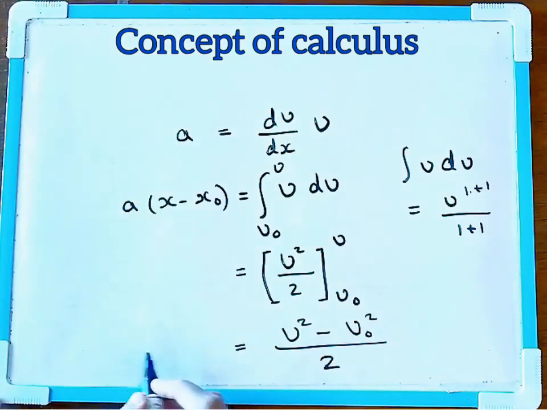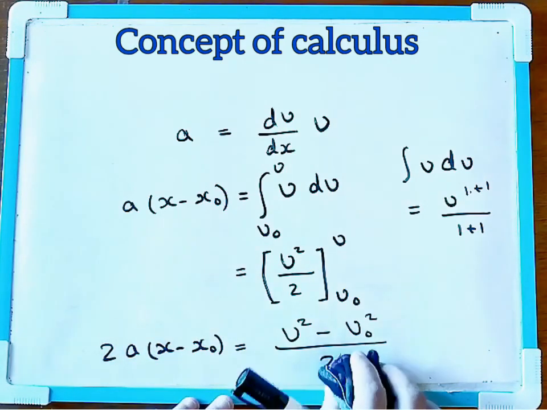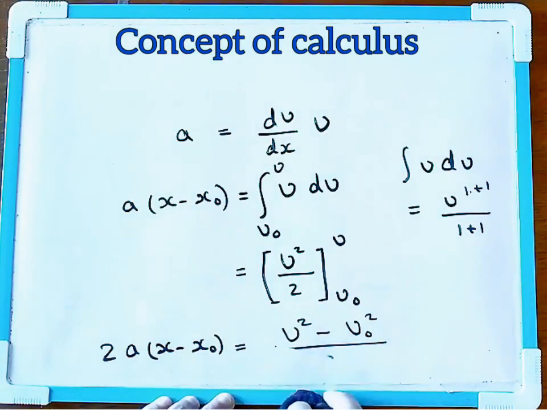So this is the third equation of motion. If you bring the 2 to the other side, that will give you the third equation of motion. So this is by the method of calculus.